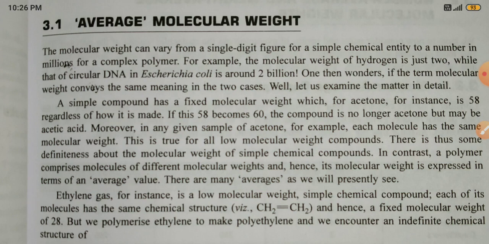Moreover, in any given sample of acetone, each molecule has the same molecular weight, and this is true for all low molecular weight compounds. And there are some definitions about the molecular weight of a simple chemical compound.